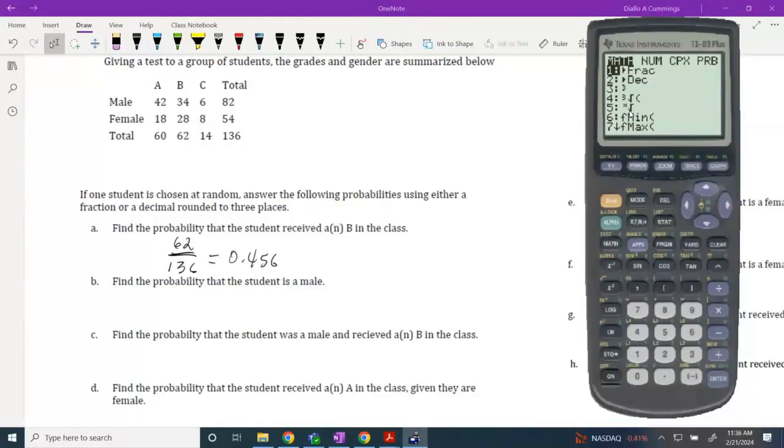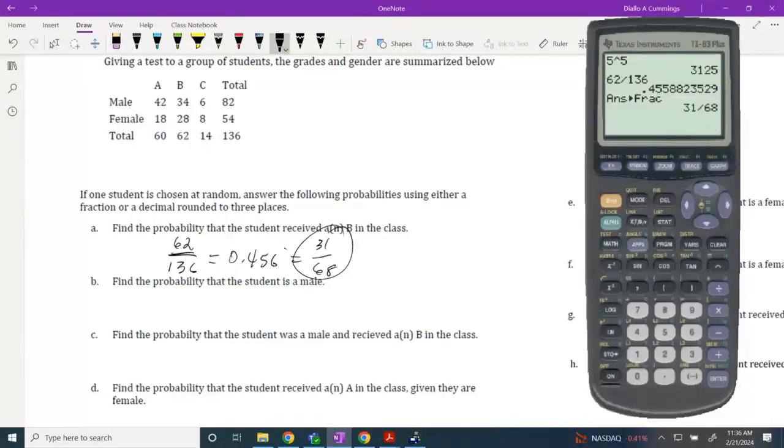The first option says that it'll take what it's given and try to convert it to a fraction. So I'm going to use this first option. And if I hit it again, I get 31 over 68. All right, so you want to use either the decimal rounded to 3 places or the fraction in lowest terms.